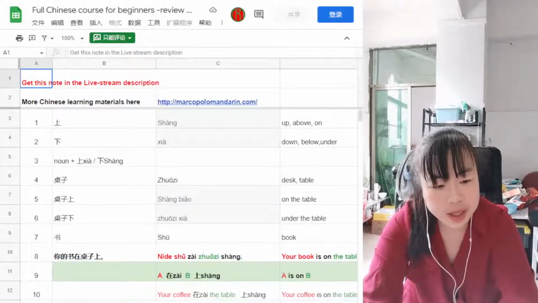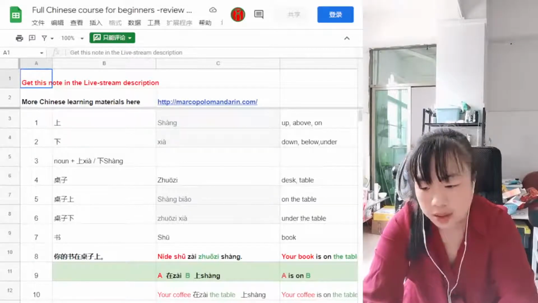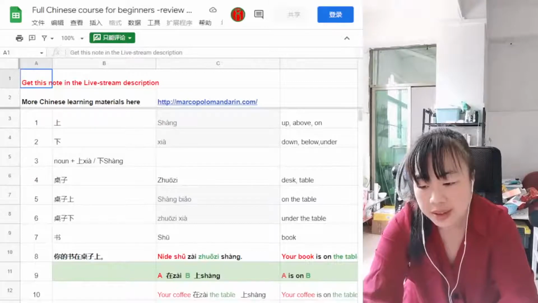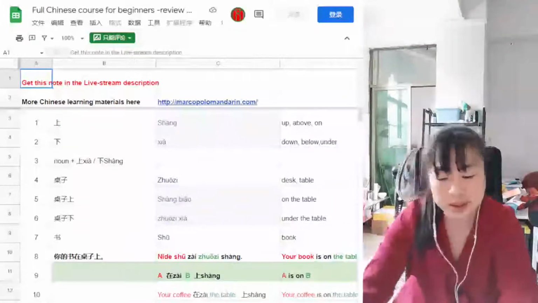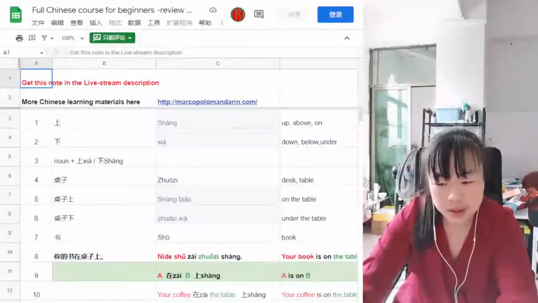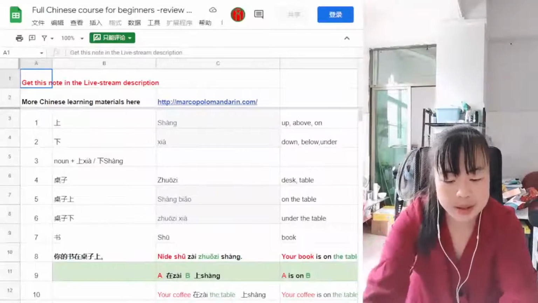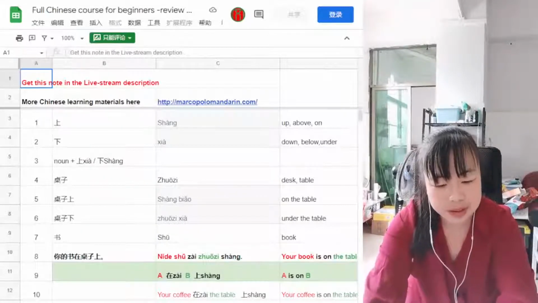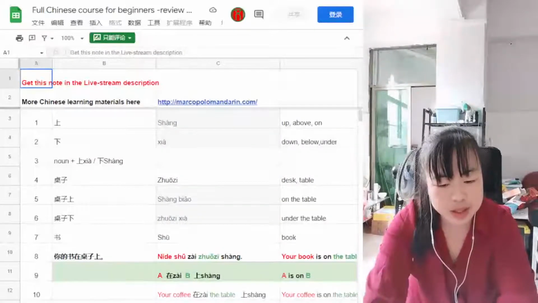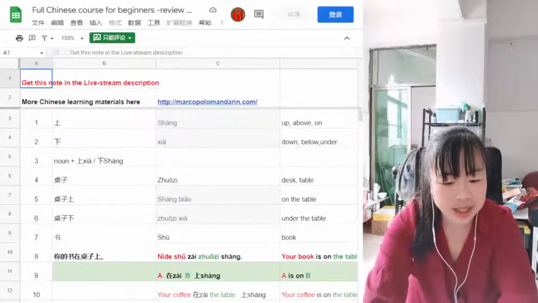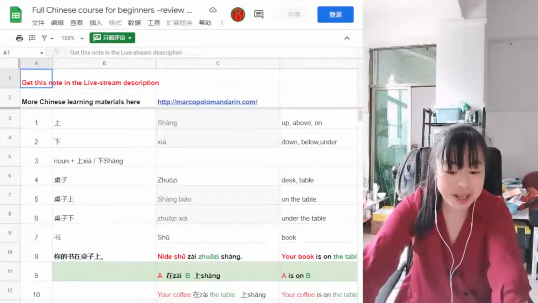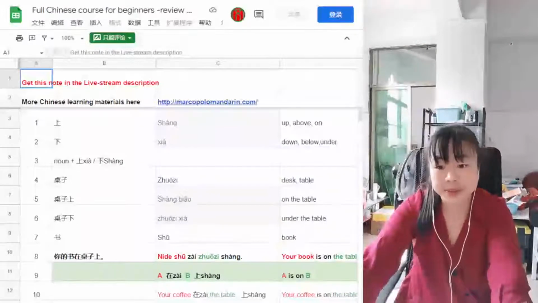那个大学生在房间的左边。Yes. How about the right? 那个大学生在房间的右边。Easy, right? It's getting easier.